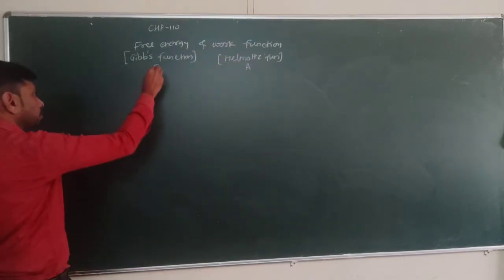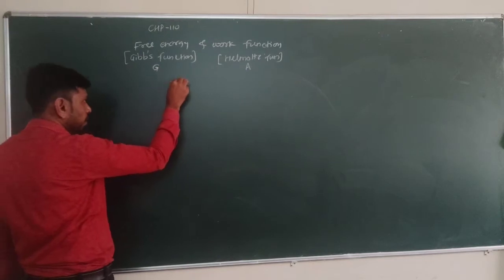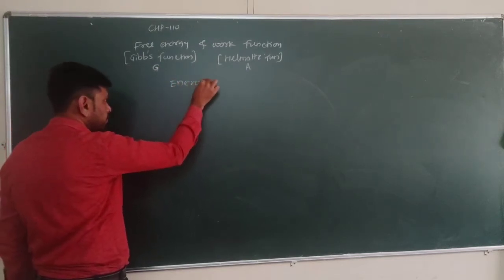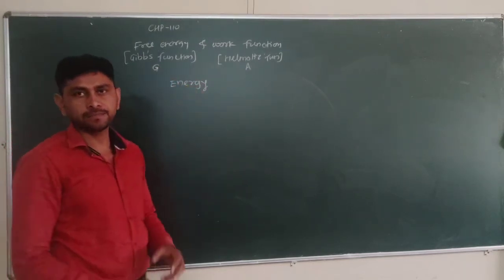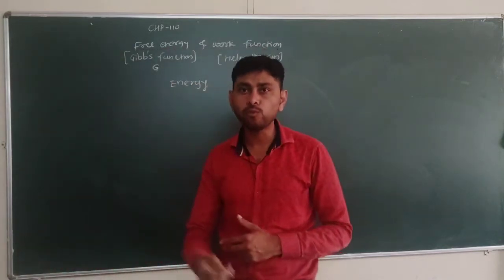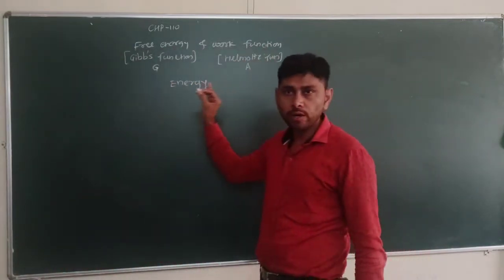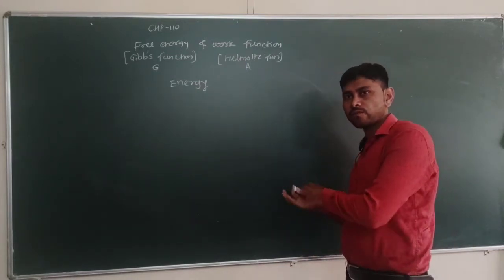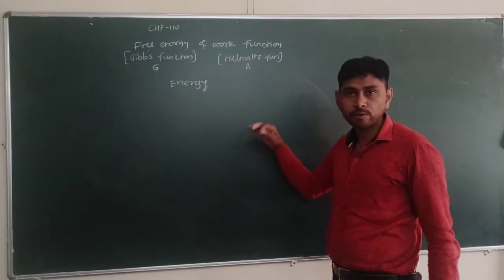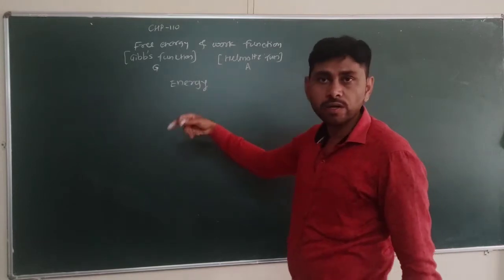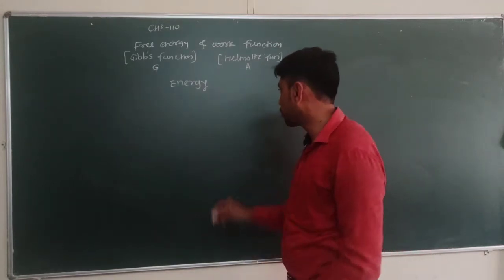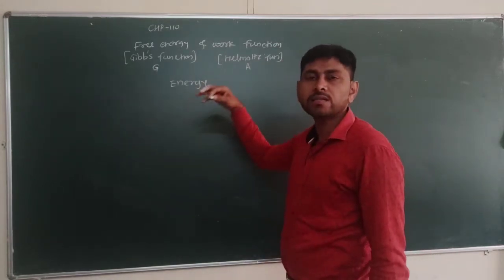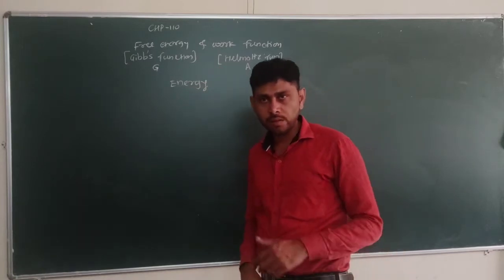Now see here, energy, as we know, is used to perform work, but not all energy is. As the first law says, energy is converted from one form into another by performing some work. It may be converted into another form, but not all the energy is converted into work.